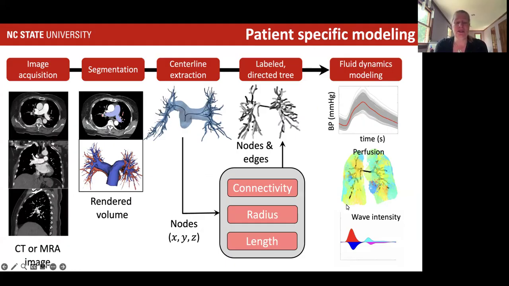And there is, in this type of analysis, a lot of different types of data that you could think of. But for all the models based on fluid dynamics, we really have two types of data. We have data that comes from images, and then we have data that comes from hemodynamics.